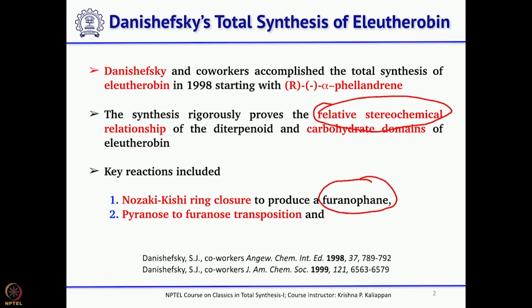So these 2 key reactions he used to first convert the furan ring into pyranose, and then later the pyranose ring was converted into the 5-membered furanose ring. The third key reaction was the Stille coupling between the carbocycle and the carbohydrate moiety to form the core structure of Eleutherobin.